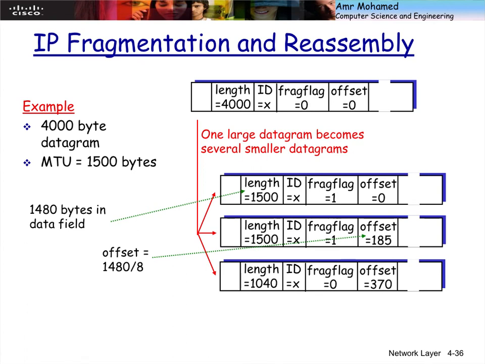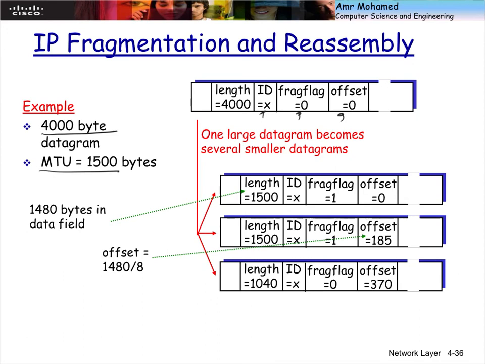Now, how do we perform the fragmentation? How do we use the three fields that we talked about to perform the fragmentation? So imagine we have an IP datagram with a length of 4,000. The maximum transmission unit for an upcoming network is 1,500.